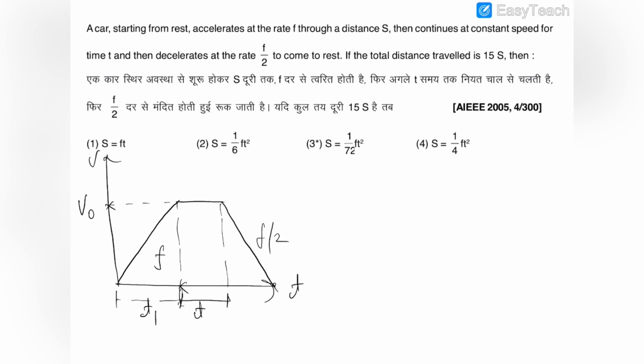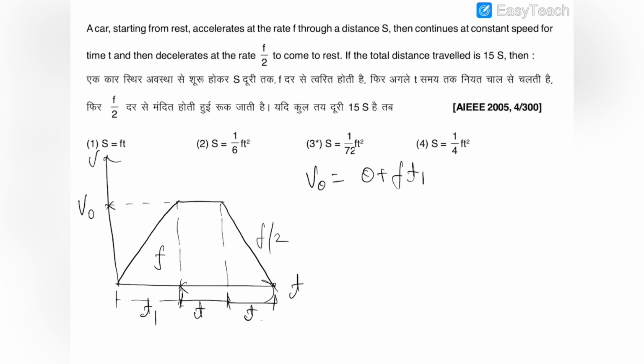So you can see that this time t2 can be calculated by the fact that tan theta is equal to the slope, or we can say that if we find out this equation, then v0 is equal to 0 plus ft1.